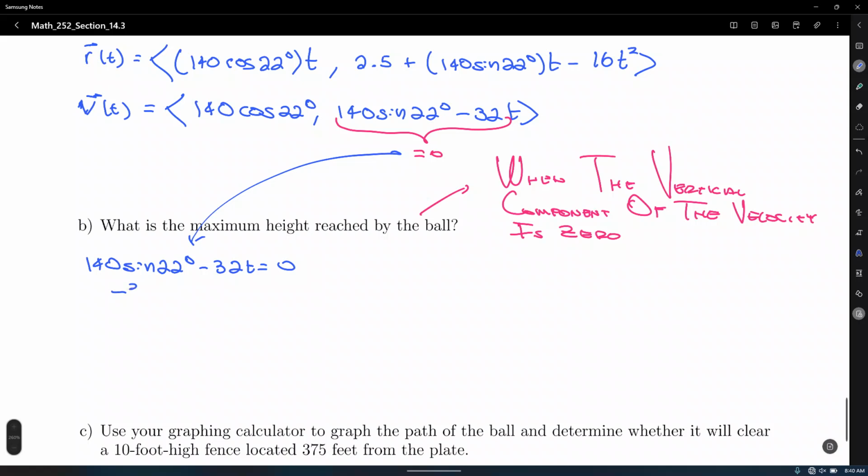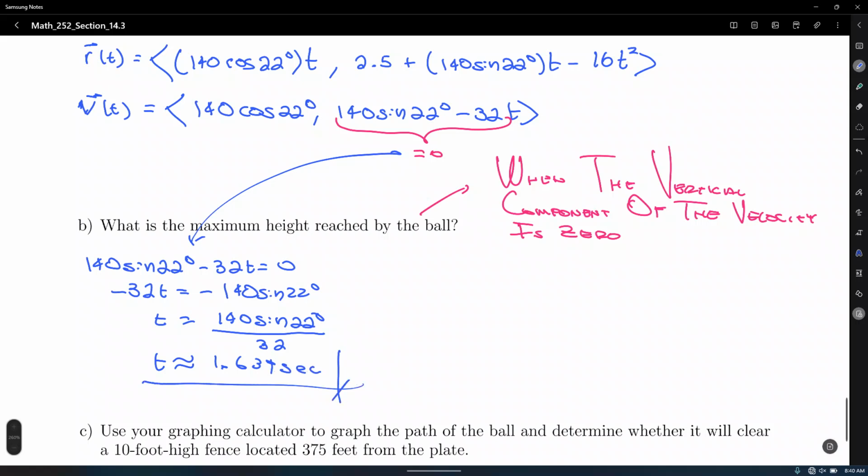That reduces to a baby linear equation: 32t equals 140 sine 22 degrees, and divide both sides by 32 to get t equals 140 sine 22 degrees divided by 32. And then t would be approximately 1.639 seconds. I know that in general we can write the unit as sec, but I'm using the word just so I don't confuse an s with a 5 or something.